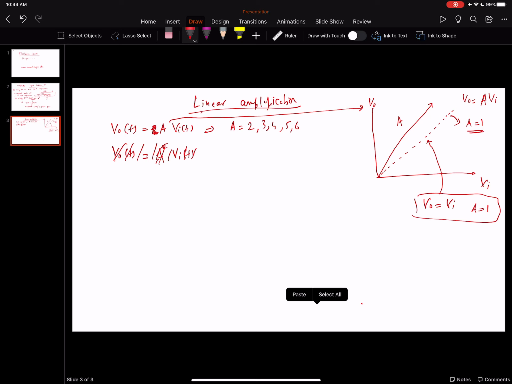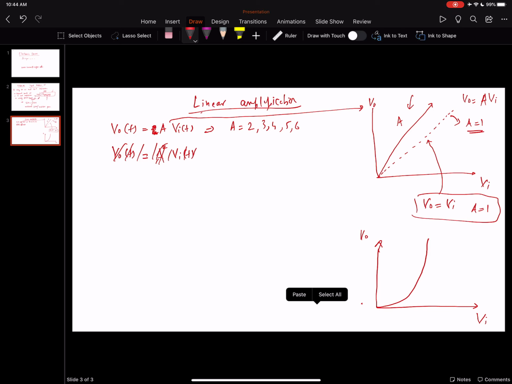All right. So we want this amplification, or this line, to be linear. For example, how is a nonlinear amplification going to look? It may look like this. This is more like an exponential graph.